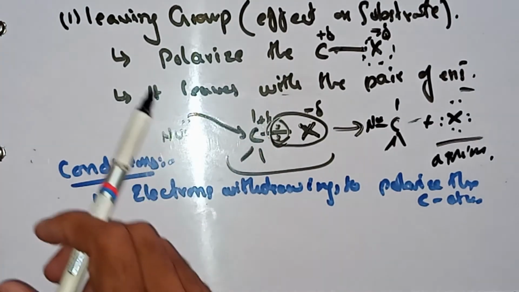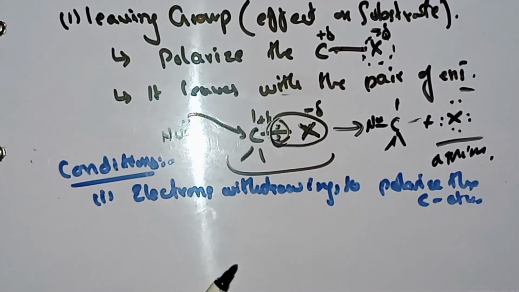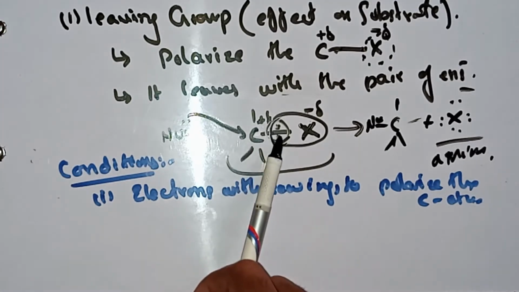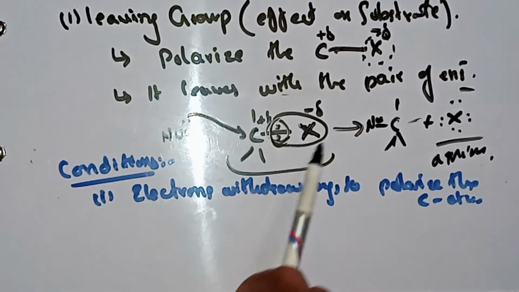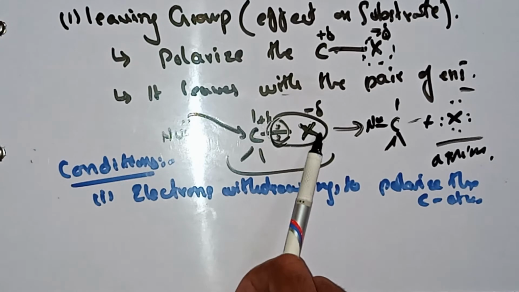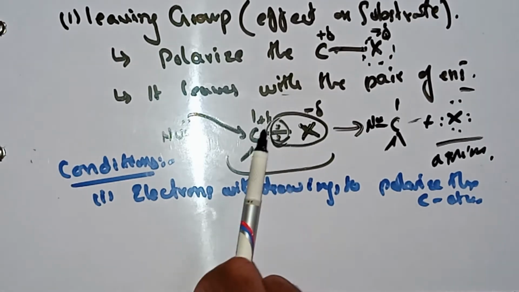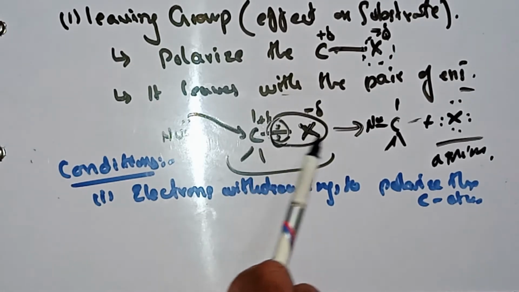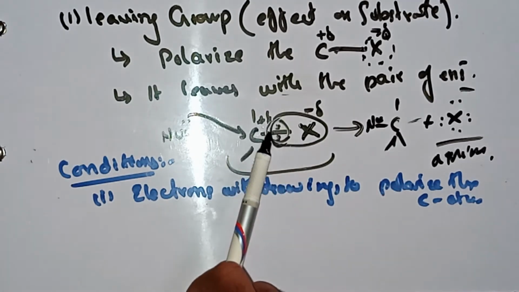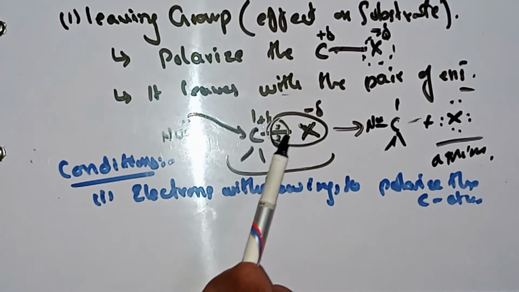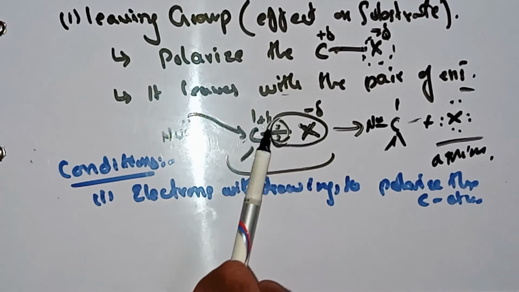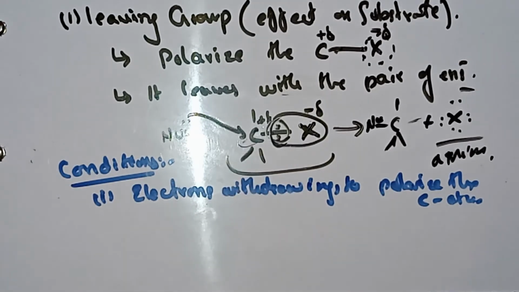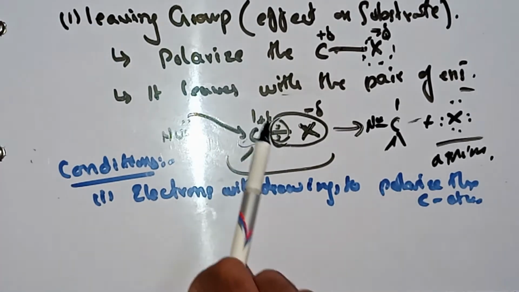A good leaving group is one that can easily and strongly withdraw the electrons of the bonding pair. If this halide ion or leaving group strongly withdraws the electrons, that will lead to more polarization of the carbon and X bond, and more positive charge on the carbon atom.